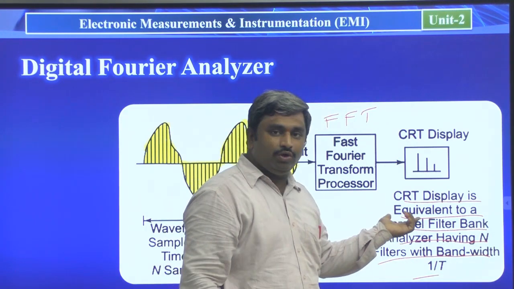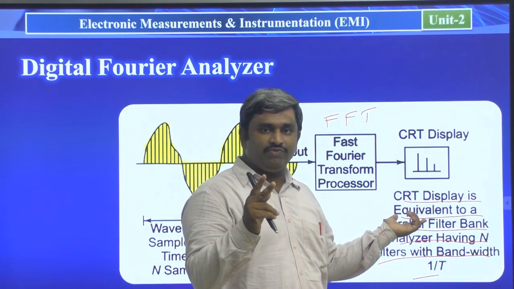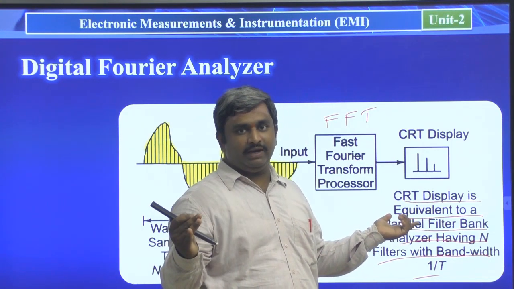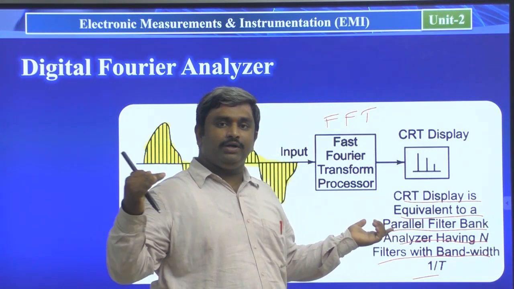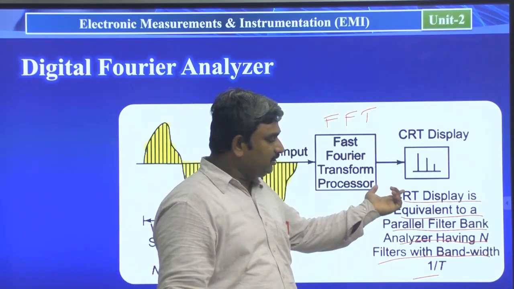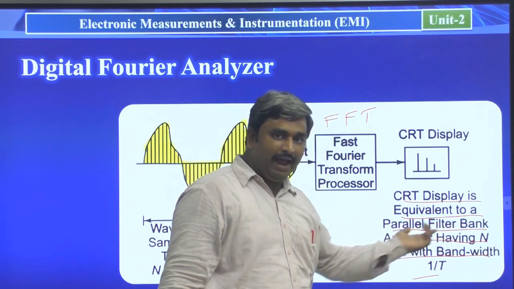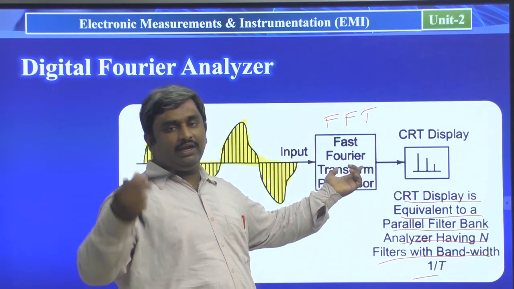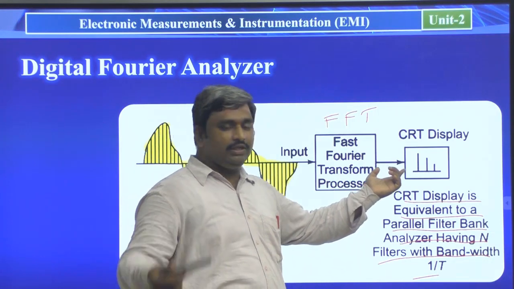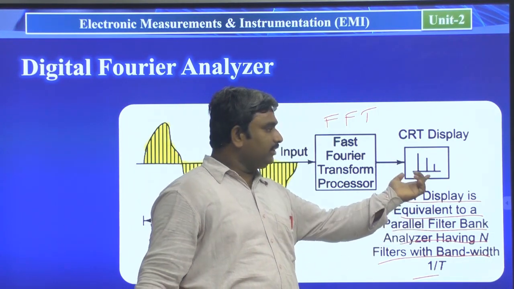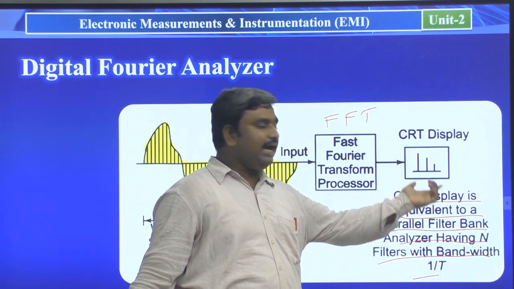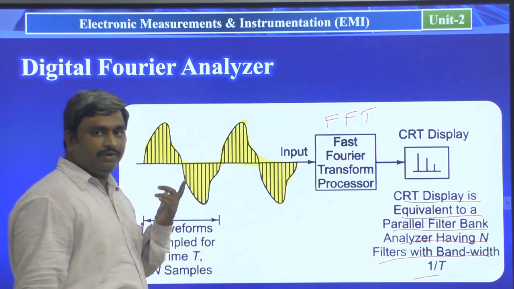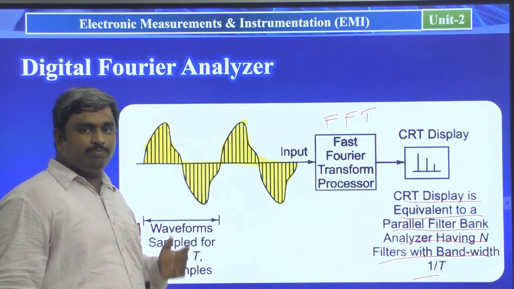So we have two types of spectrum analyzers. One is the parallel filter bank based spectrum analyzer, and the second is the spectral technique based spectrum analyzer. In the parallel filter bank based analyzer we have a large series of filters, nearly 32 or 40 or 50. That type of principle based CRT display of the spectrum analyzer we have here. So this is the explanation regarding this block diagram.